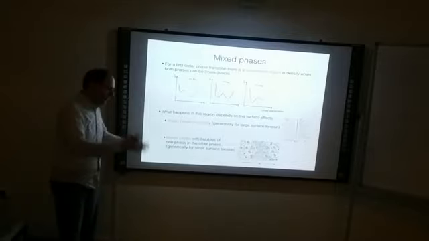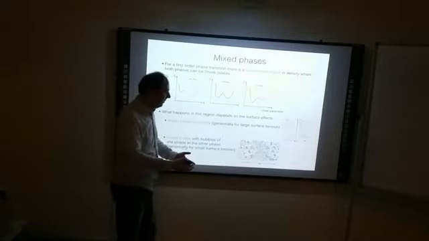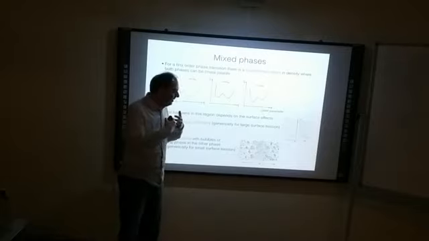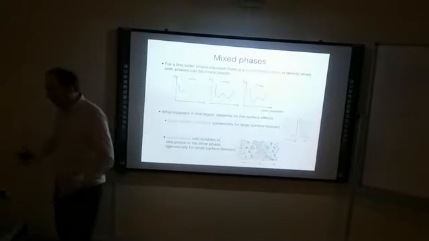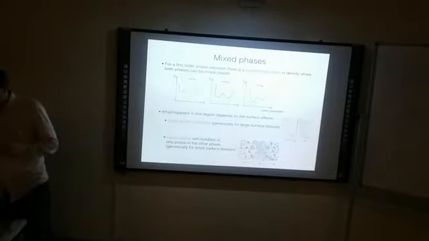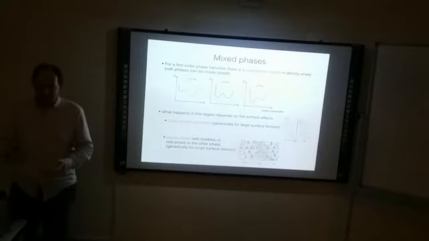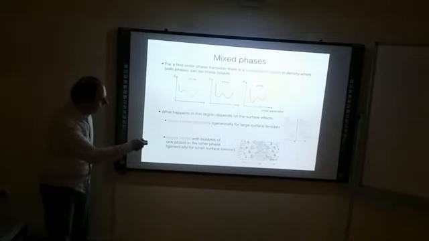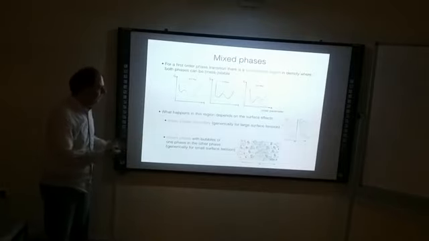You would somehow have to transform the entire system all of a sudden, which is not very likely. You would have to cross that barrier here, and that's not something that happens.